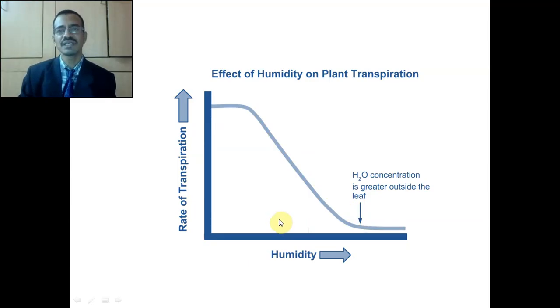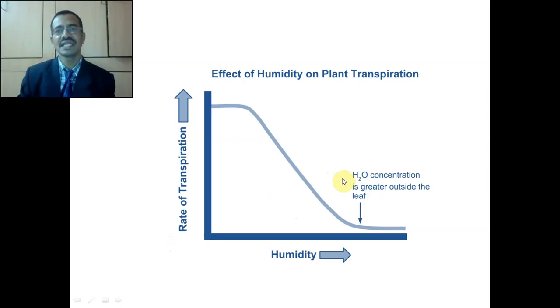When in the atmosphere there is more humidity, the rate of transpiration is decreased because there is already a lot of water present in the form of humidity. So there is less difference between the concentration of water within the leaves and outside, that means in the atmosphere.